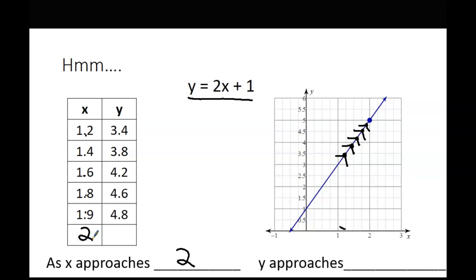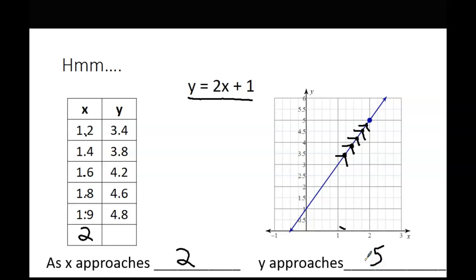Now, as I approach x equals 2, what y value am I approaching? You have to look at the graph to tell this one, or I guess you could look at the table too. The y value is getting closer and closer to a y value of 5. Okay?